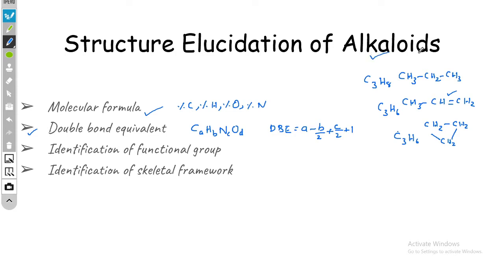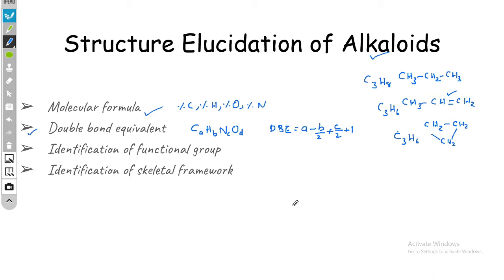The structure of an alkaloid will not be a simple one, it may have a complex structure. So in order to know how many rings are there in the molecule, we get an idea when we find the number of double bond equivalent.